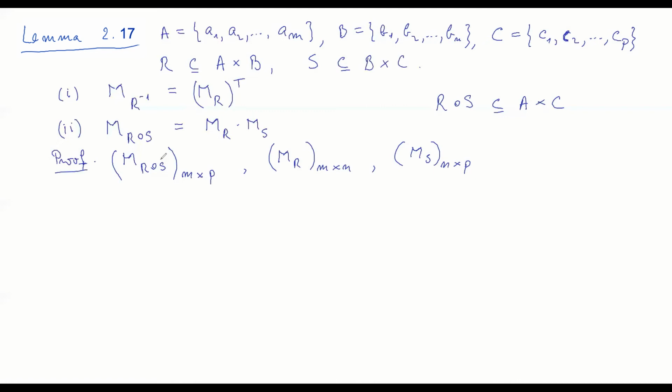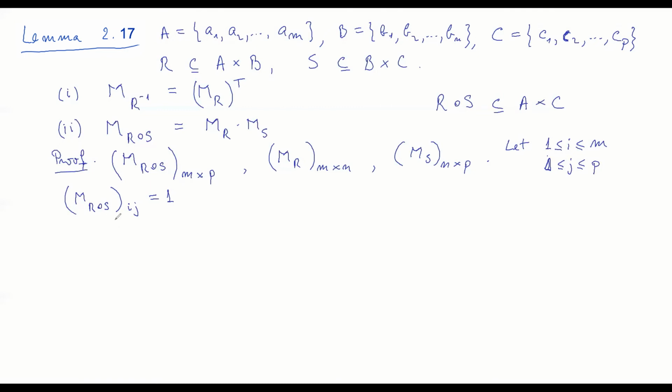And remember, these are Boolean matrices. All the entries are just 0 and 1. And so I'm going to start thinking about the entry ij of this matrix being equal to 1. And I do this for some arbitrary i between 1 and m, and j between 1 and p, exactly the way I have it in the dimensions of this matrix.